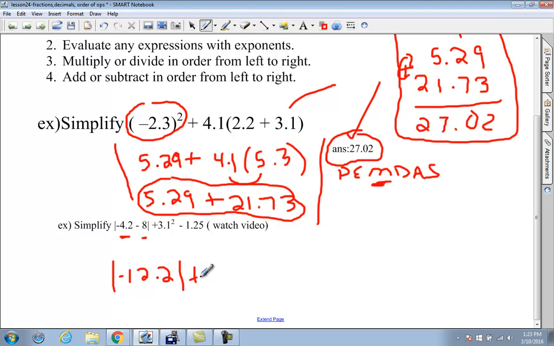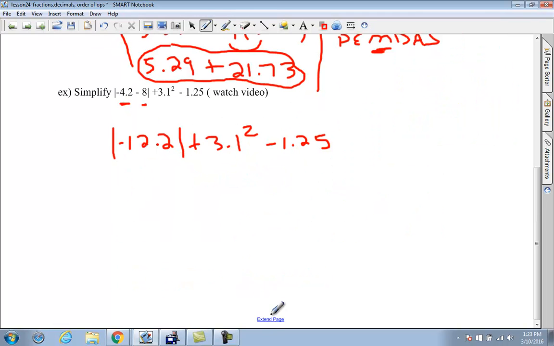But let's do that. Plus 3.1 squared minus 1.25. Now remember that PEMDAS says to take care of your grouping symbols first, like your brackets, your bars, anything like that. So absolute value of negative 12.2 is clearly going to turn that to positive 12.2.